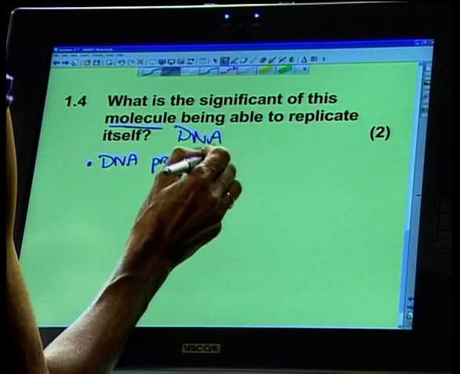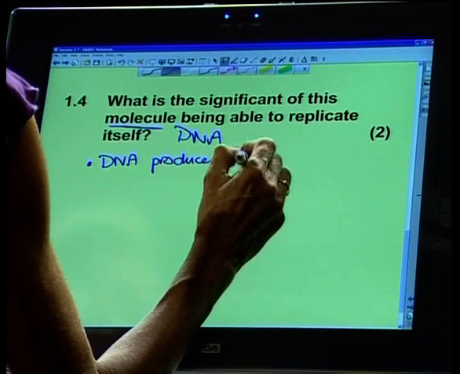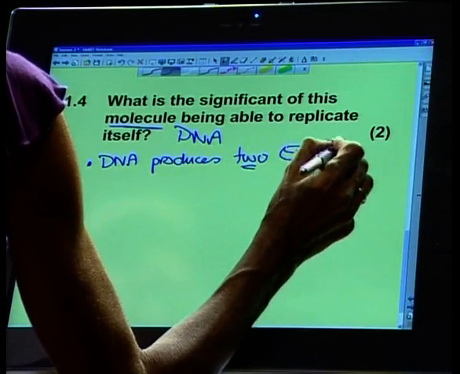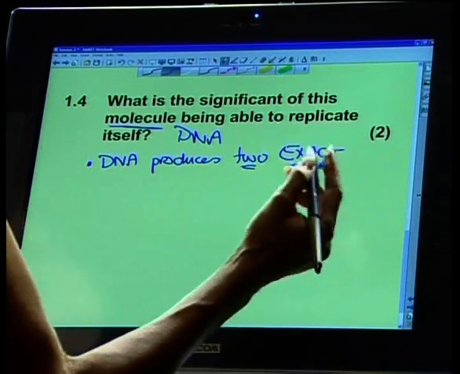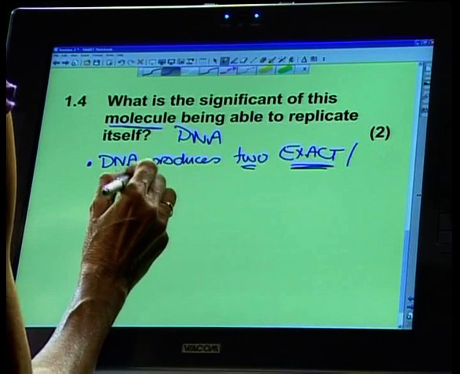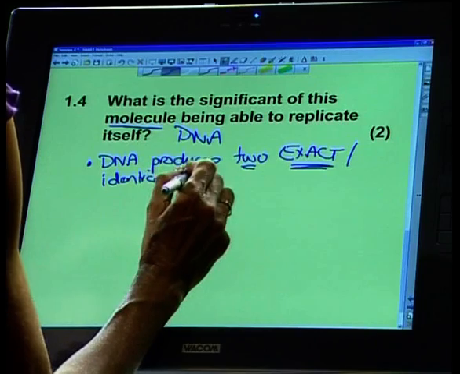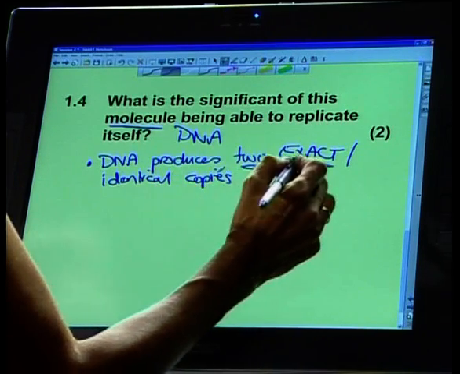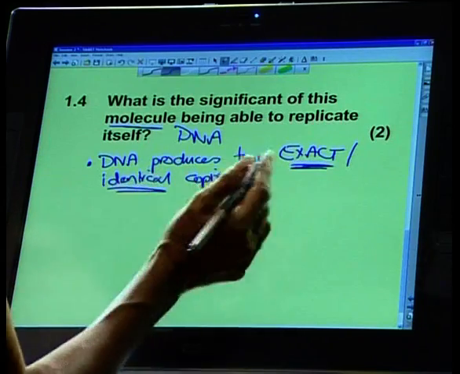Firstly, the DNA produces 2 exact or identical copies.